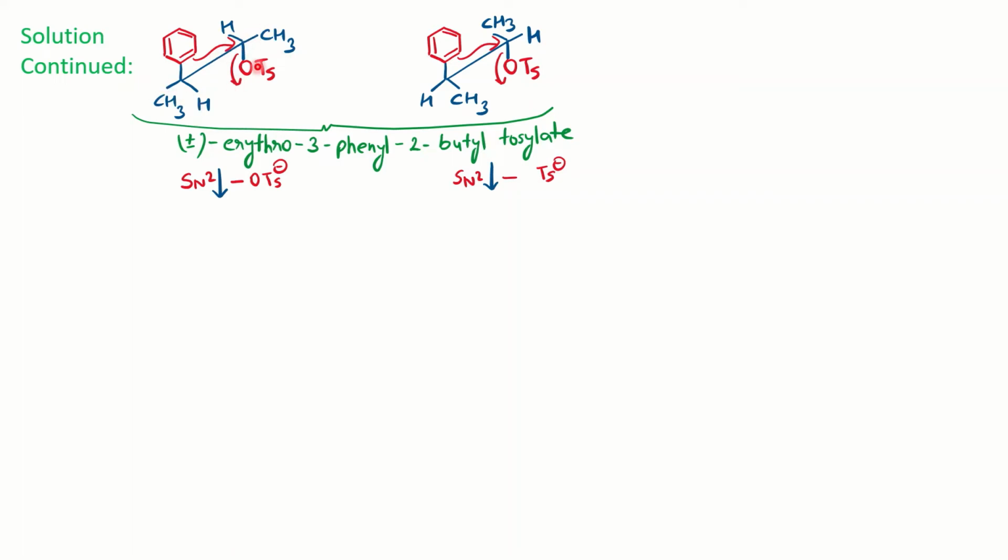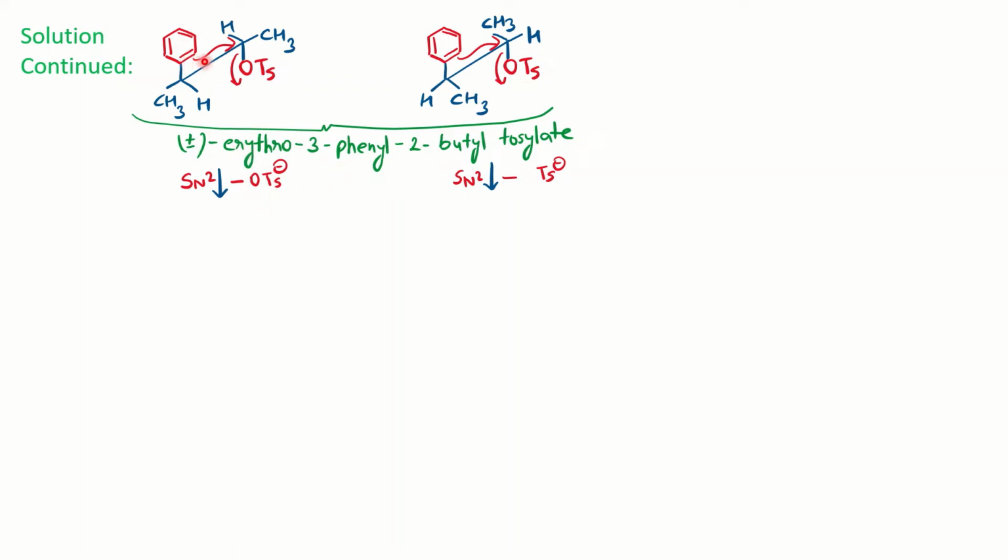Okay, so in that case, the two methyl are trans to each other in this configuration. Similarly, with respect to phenyl ring, if you draw a hydrogen here and there with respect to tosylate methyl. So the two are enantiomer only, plus minus erythro isomer.